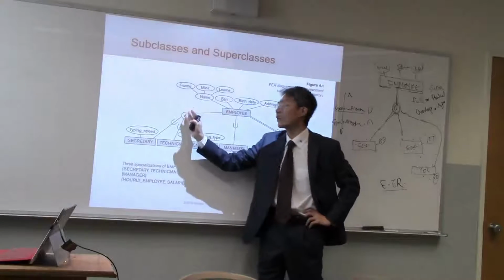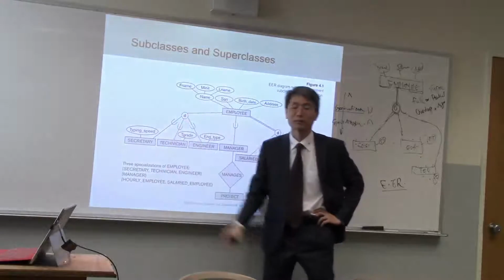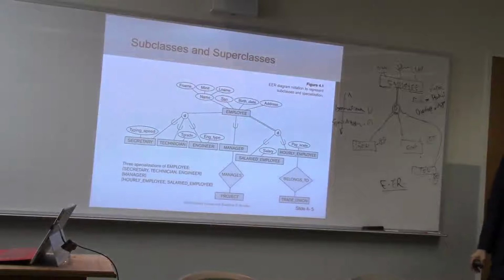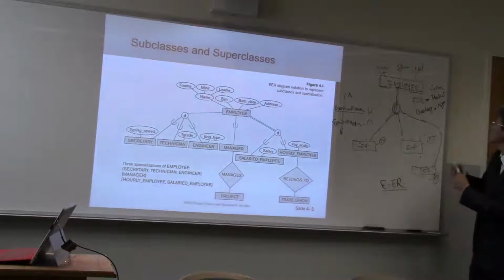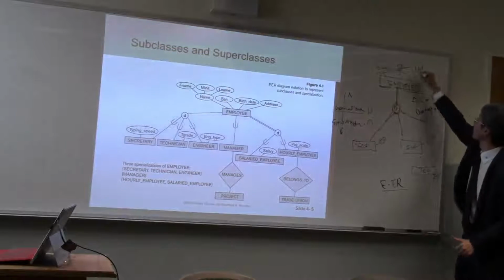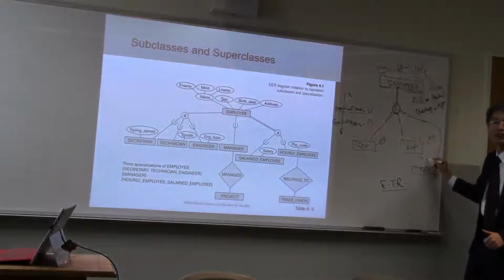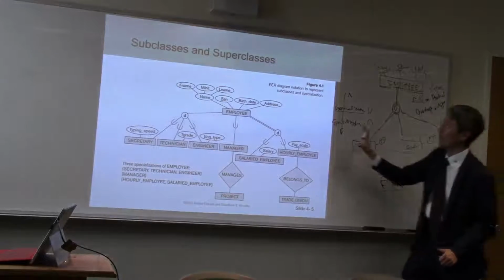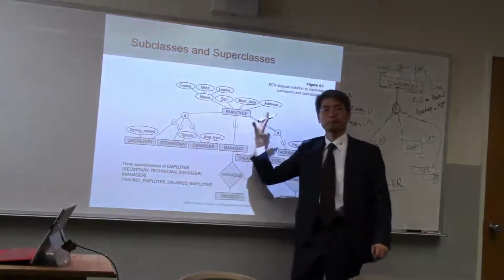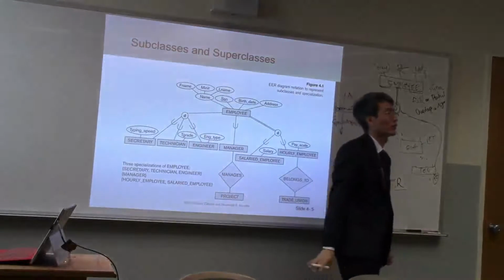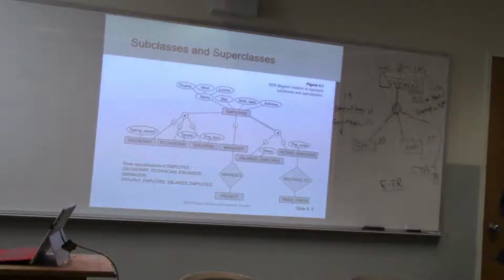Okay, that is a partial disjoint. Okay, then how many super and subclasses? This is one superclass and subclasses.